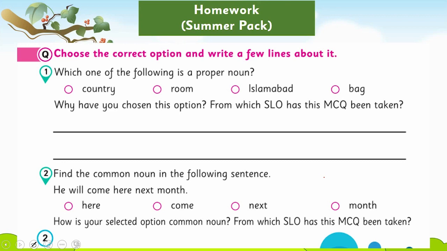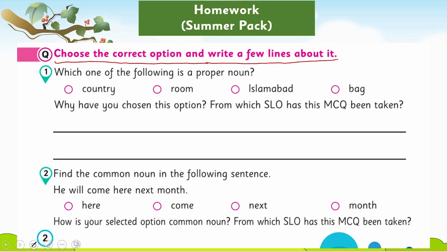Now, moving towards your homework. We have done a very detailed exercise previously, and you have very easy understanding of proper nouns and common nouns. So the homework is very easy. You have to only choose the correct option and write a few lines about it.